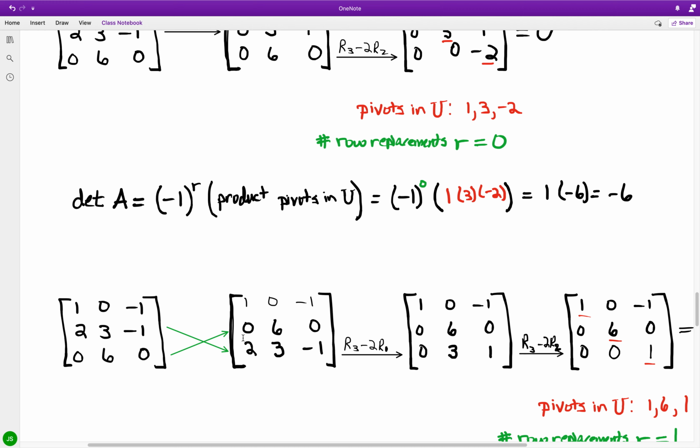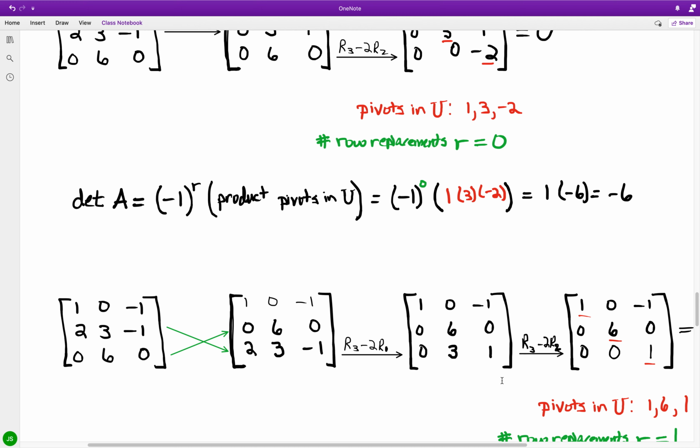Starting after the row replacement, I want the 2 to become a 0. So again, taking the third row and deducting twice the first row elements, the bottom row becomes 0, 3, and 1. Where I had earlier transformed the 6 into a 0, it is now the 3 that is going to be changed to 0. So I need to take away 1/2 of 6.